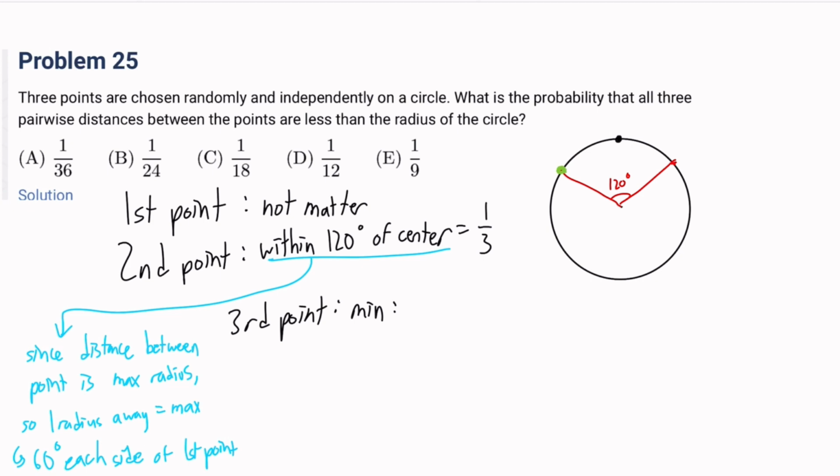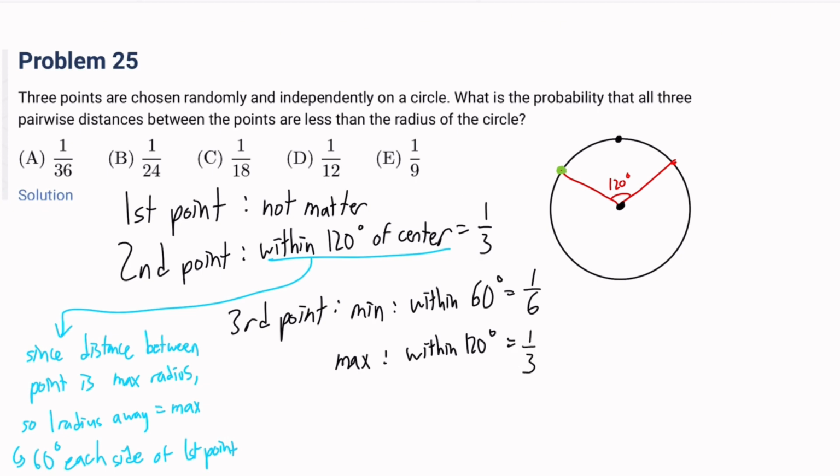So the minimum is within 60 degrees, so that's 1/6. The maximum would be when the second point is just equal to the first point, so that would be the same thing as the second point, within 120 degrees, so that would also be 1/3, right?